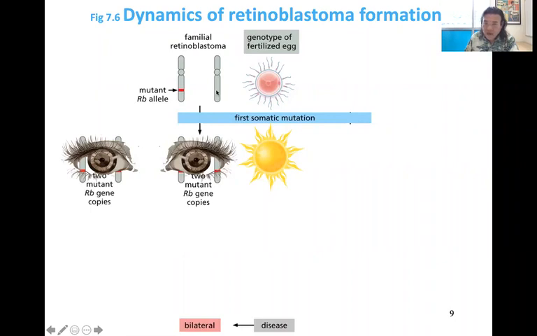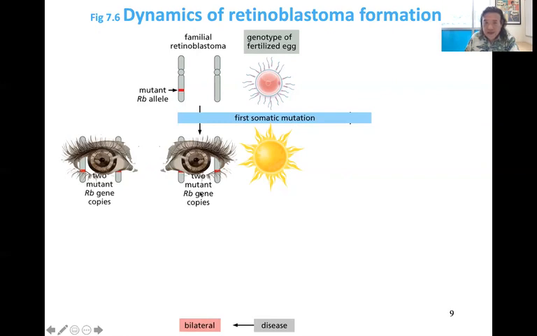And so that wild type copy can produce the good RB protein, the wild type protein. However, that means that all it will take is one hit in the good copy of the wild type RB allele to completely knock out the function of the RB protein in that particular cell that gets that hit.